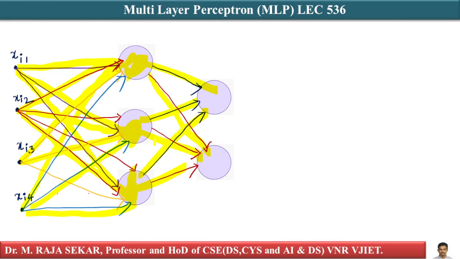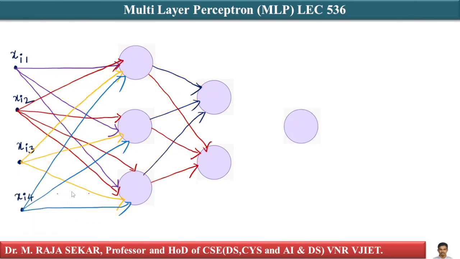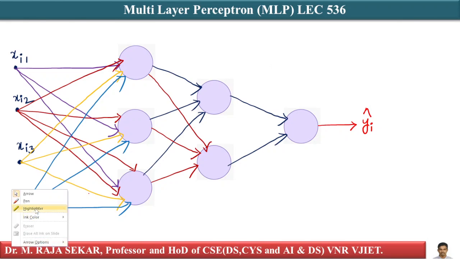Now, what is my input layer? Yes, this is another neuron, of course. Similarly, I am connecting to this neuron, and yi cap is your output. The outputs of these neurons are connected to other neurons.